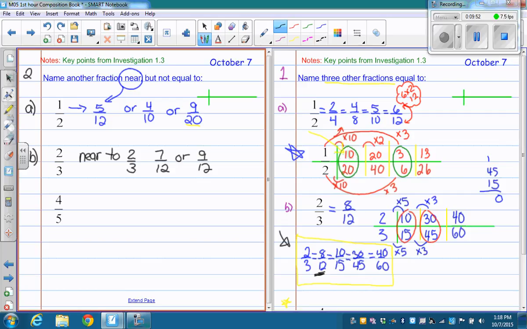So those are examples of fractions that are near to 2/3, but not equal to 2/3. And again, here's one for you to practice yourself.